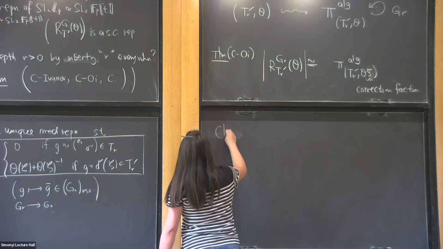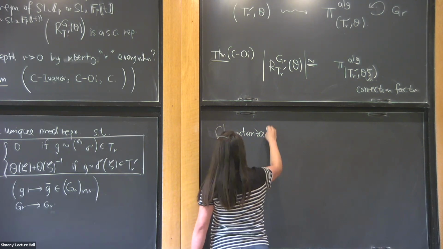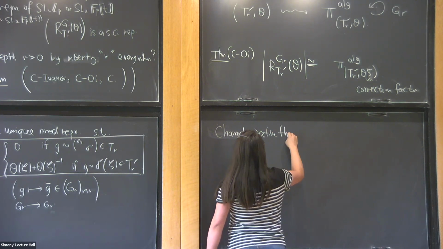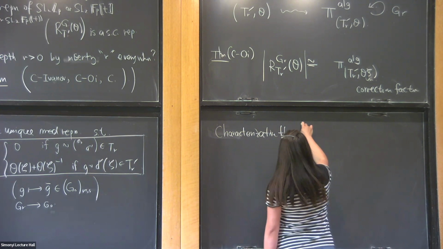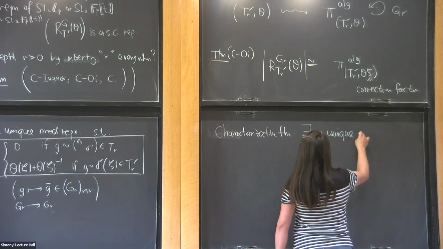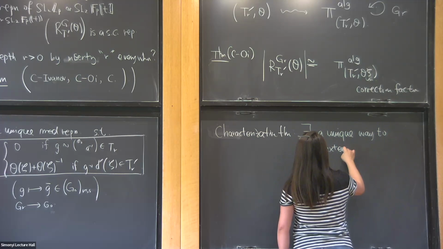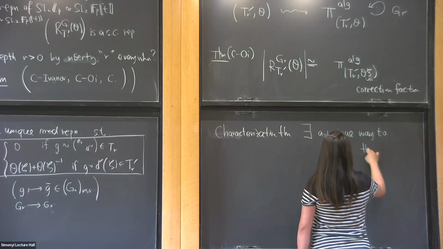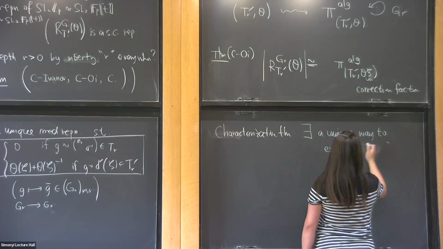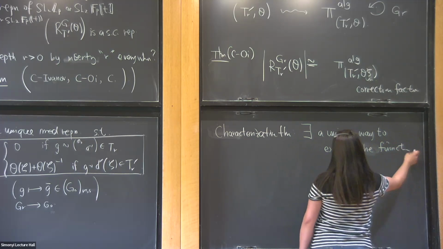So maybe I write: the characterization theorem is saying that there exists a unique way to extend this function, which function?